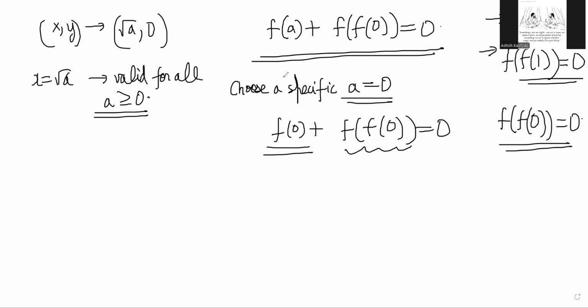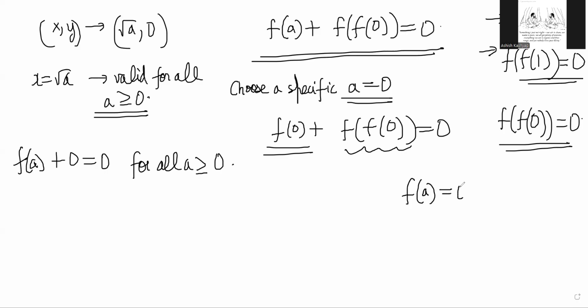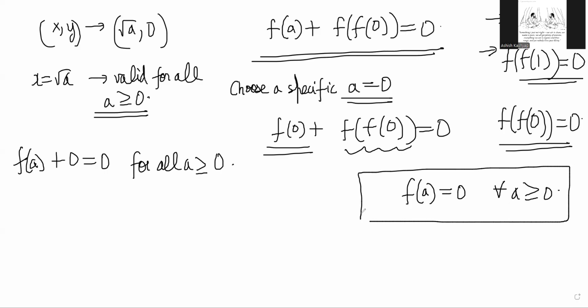And this also tells us that now f of a plus 0 is 0 for all a greater than equal to 0. So we know a lot of information about the function now, that f of a is 0 for all a greater than equal to 0. This is something that we have figured out now, right?